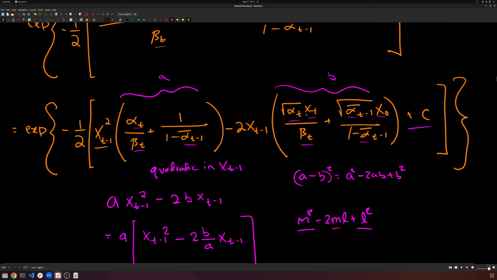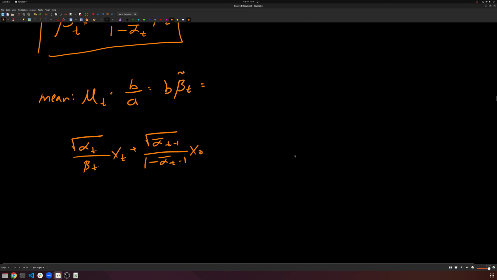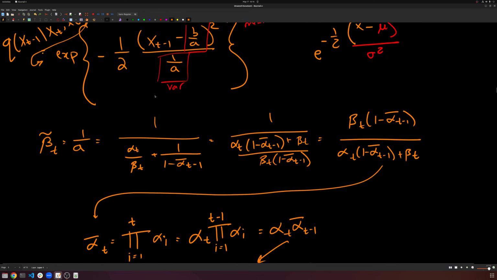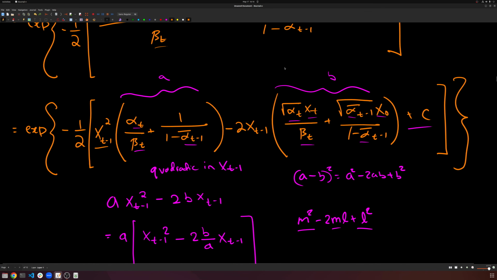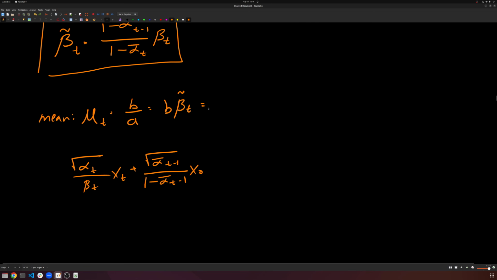That looks like what I wrote. Yeah, alpha hat t minus 1. Good. And we, of course, have the x0 as well, the x0 and an xt. Okay, good. I think that's correct. So that is our b.